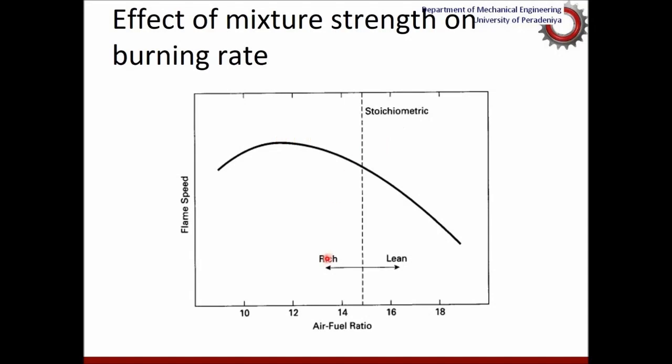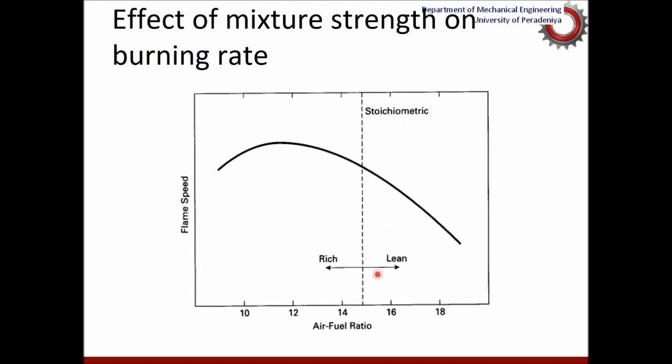If you go to the richer side of the air fuel ratio, then again you can see the drop of flame speed, because with rich mixtures you can't expect complete combustion. If you do not have complete combustion, then you don't get the expected high amount of energy released out of the system.